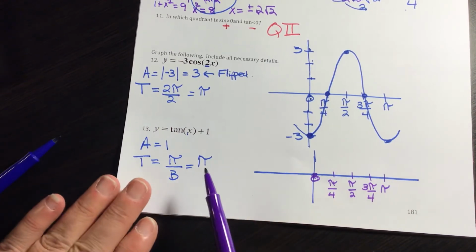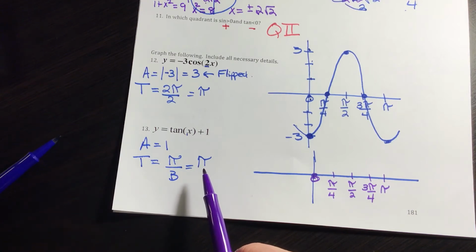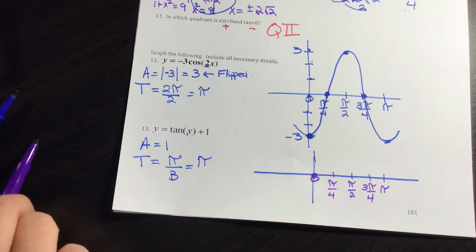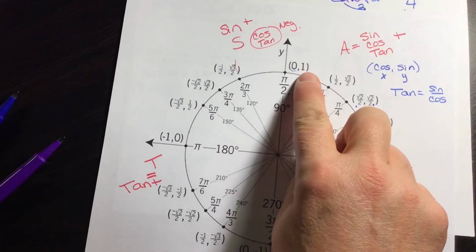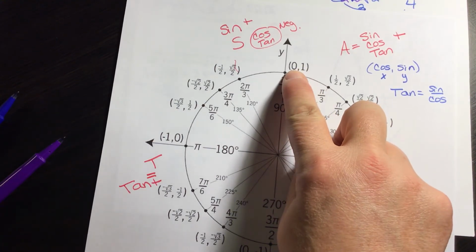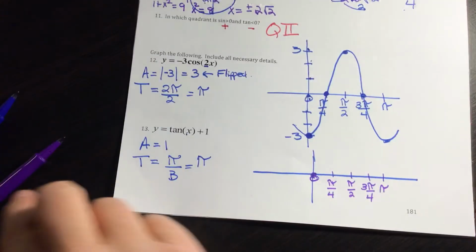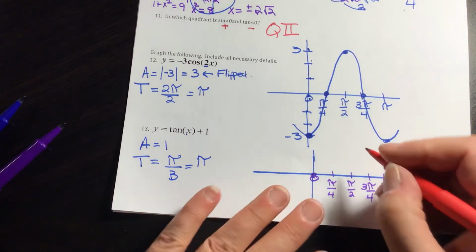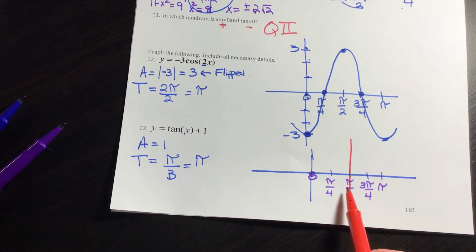Now, the tangent is undefined at pi over 2. That's because at pi over 2, tangent would be sine, which is 1, over cosine, which is 0. So at pi over 2, tangent is undefined. So I'm going to have an asymptote here at pi over 2 and at any odd value of pi over 2.